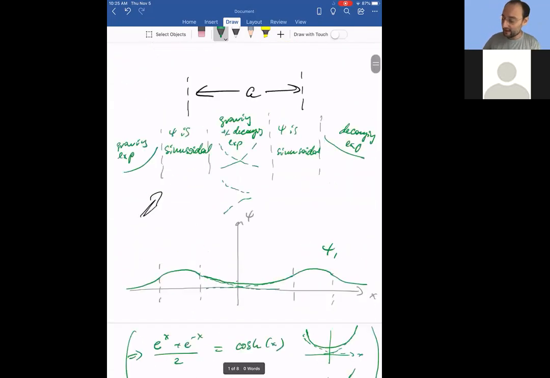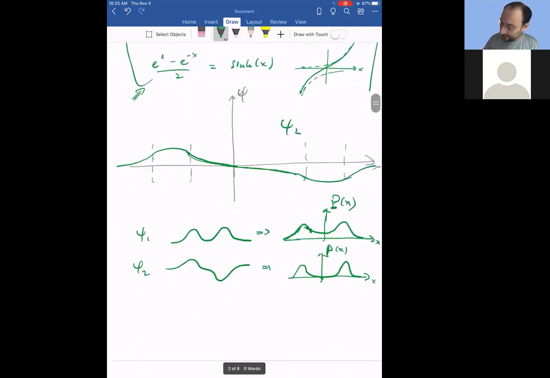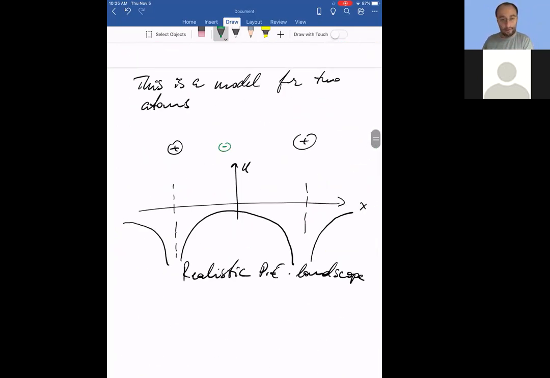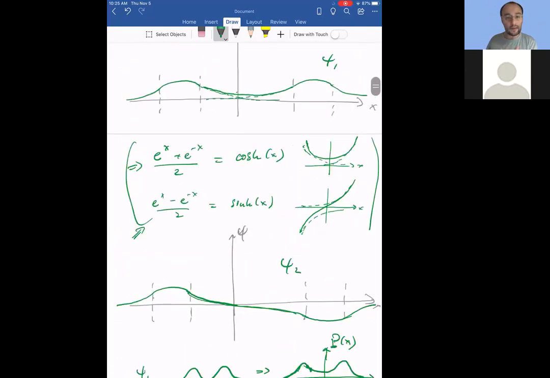And so this thing right here captures the essence of what's going on. So the details of the two wave functions in the realistic case would be different, but qualitatively, the conclusions would be the same. Okay, I'm just telling you that as a fact.